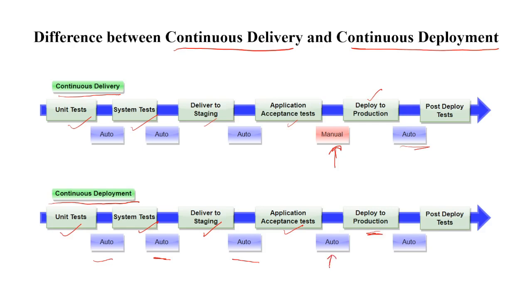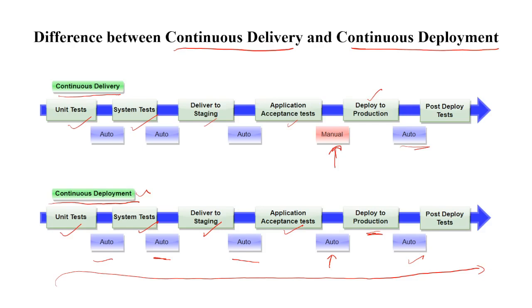If any developer develops code and commits it to the repository, it will pass through all the phases and then be deployed to production automatically, without any human intervention. That is what we call continuous deployment.